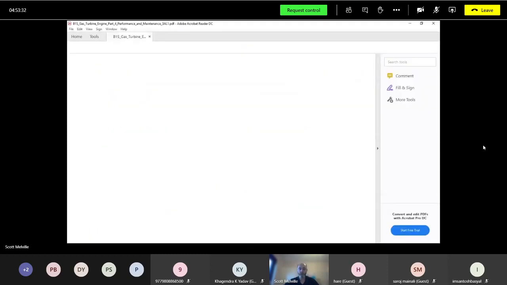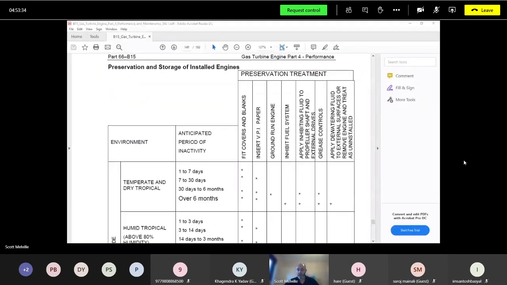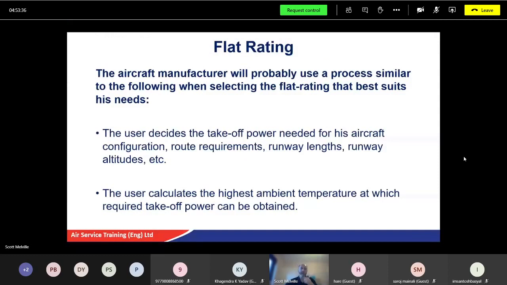Okay, so quite essential that it is done. But so quick recap, flight rating, as long as you're flying within the specified range of temperature designed for that engine, you will be guaranteed that set amount of thrust. If you fly out of it, then you're not guaranteed it. Okay.